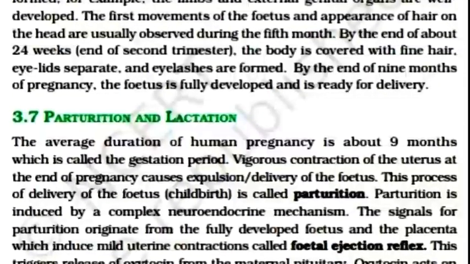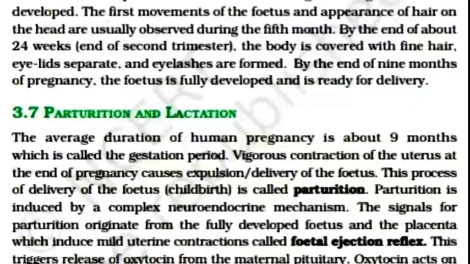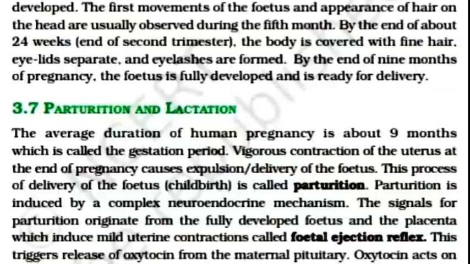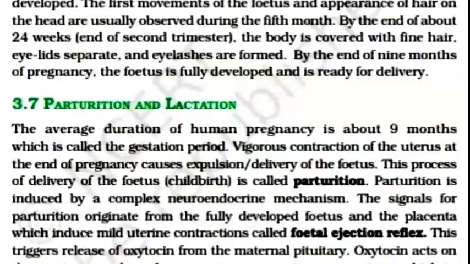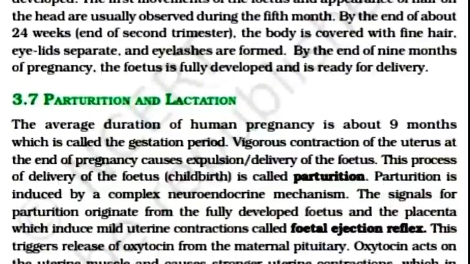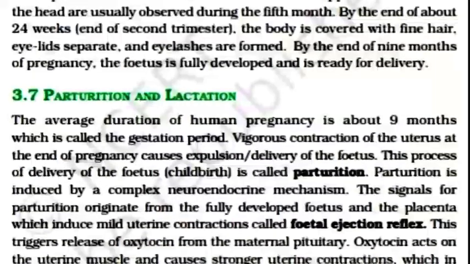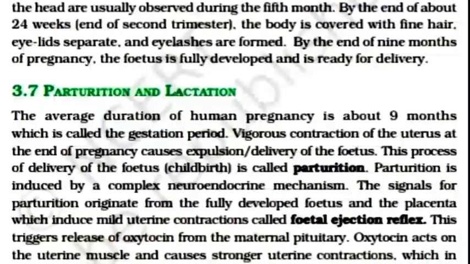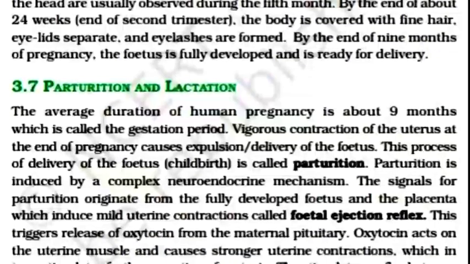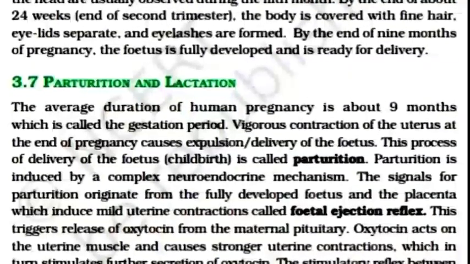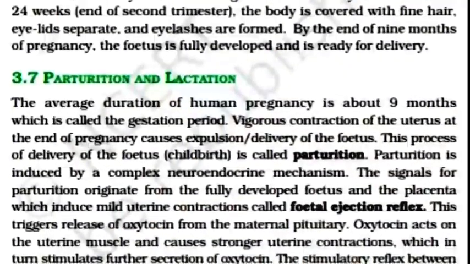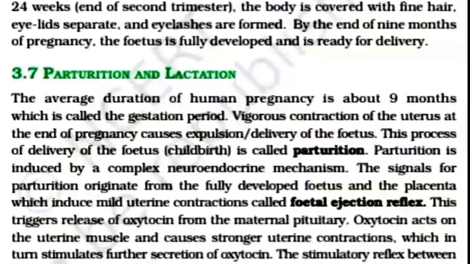Parturition and Lactation. The average duration of human pregnancy is about 9 months, which is called the gestation period. Vigorous contraction of the uterus at the end of pregnancy causes expulsion or delivery of the fetus. This process of delivery of the fetus or childbirth is called parturition.